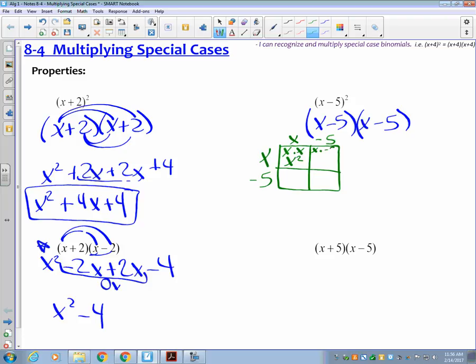X times negative 5 is negative 5x. X times negative 5 is negative 5x. And negative 5 times negative 5 is 25. So this guy is x squared. I'm going to combine together my negative 5x and negative 5x. And it gives negative 10x. Plus the 25. So it is not x squared plus 25. It is x squared minus 10x plus 25.